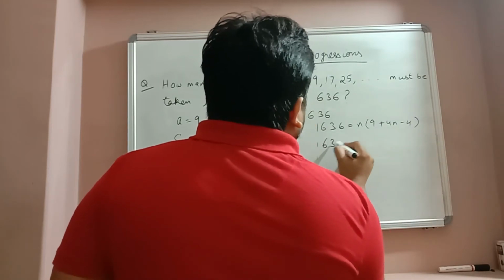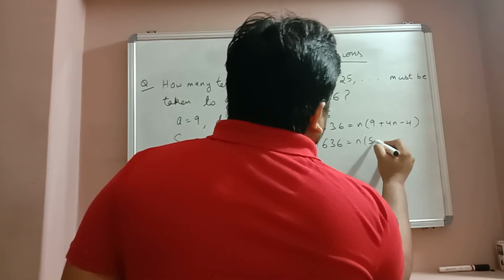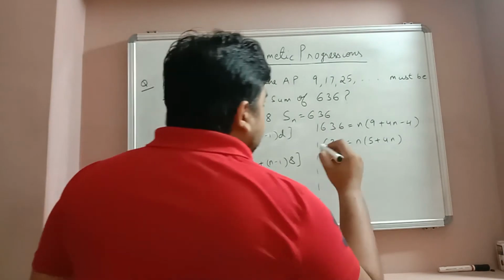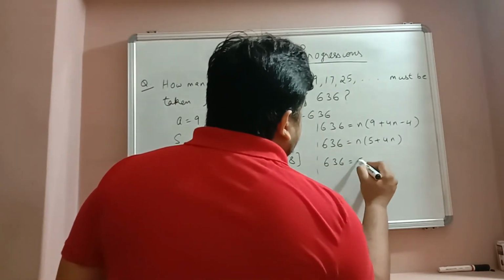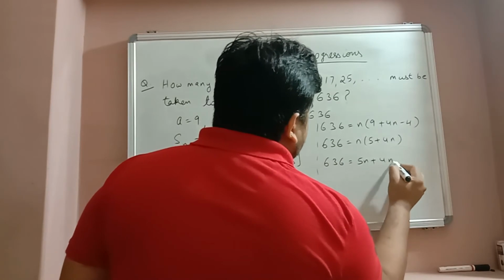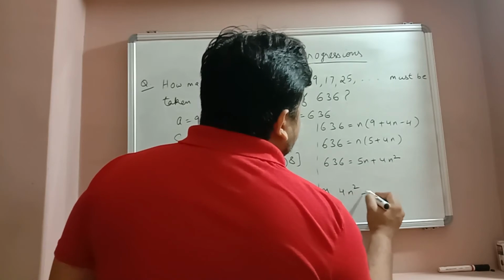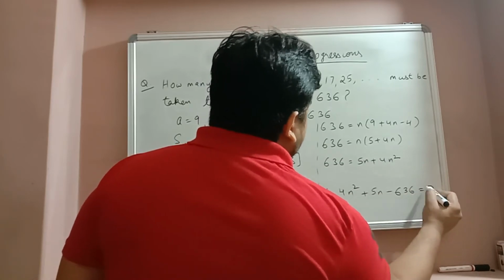Now this becomes 636 equals n into 5 plus 4n, and this will form a quadratic equation. So this becomes 636 equals 5n plus 4n square, or we got the equation as 4n square plus 5n minus 636 equals 0.